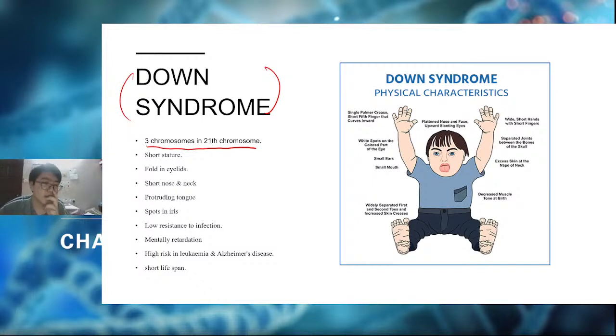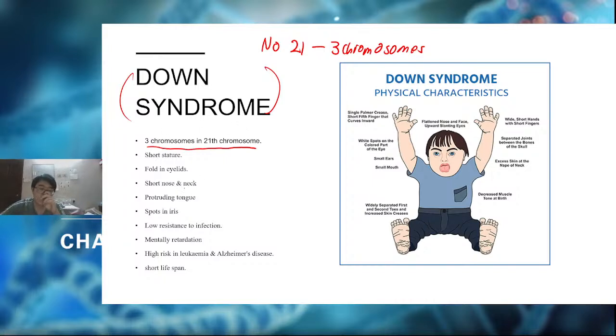Sorry, I forgot. Our body contains 23 pairs of chromosomes, right? The number 21 chromosome contains 3 chromosomes. Normally we only contain 2, but this one is special, it has 3. People like this get Down syndrome.